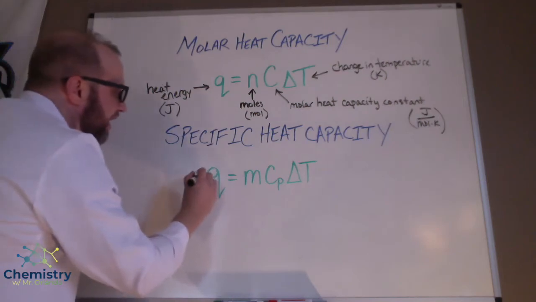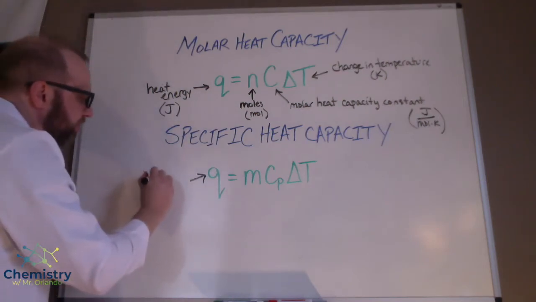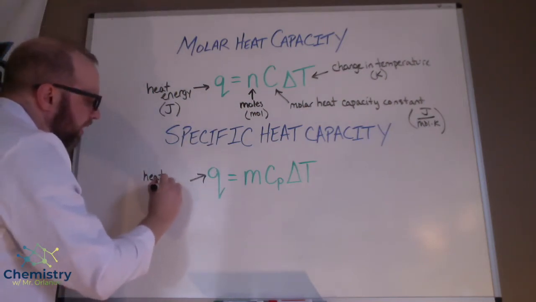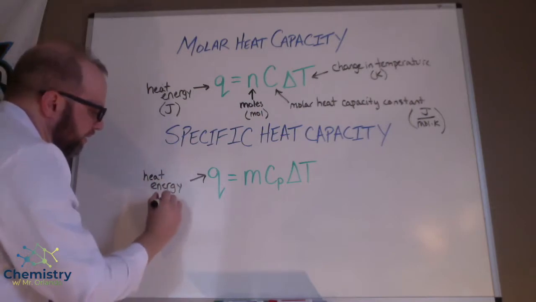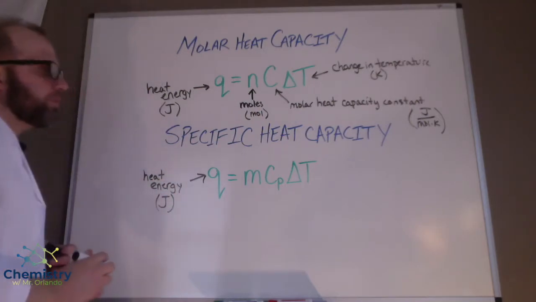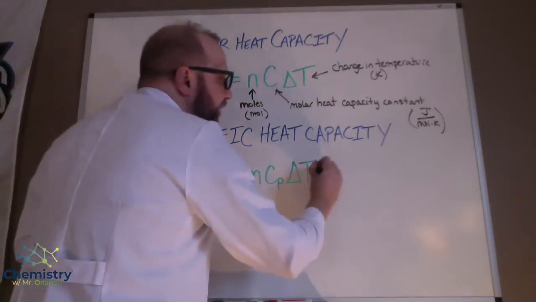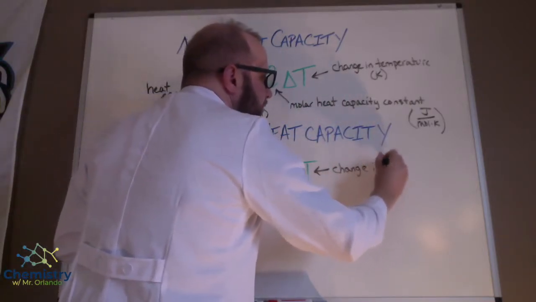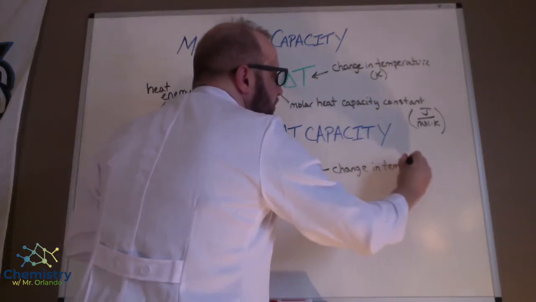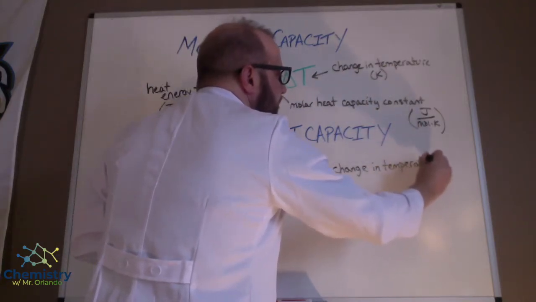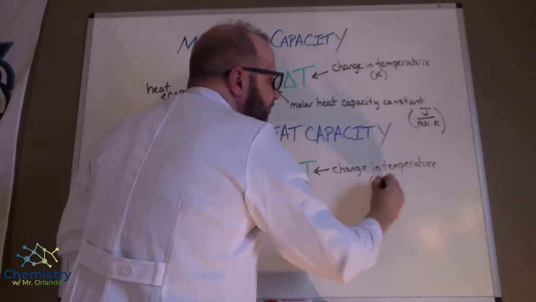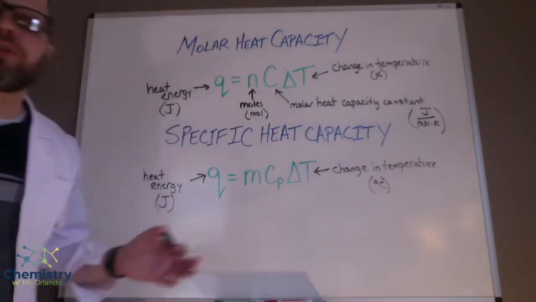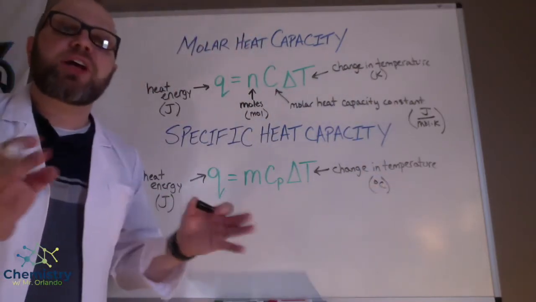Let's take a look at the specific heat capacity. So again, we have heat energy, again represented by joules. Again, we have change in temperature. Change in temperature is typically in degrees Celsius, but again, it won't matter, and I'll show you why.